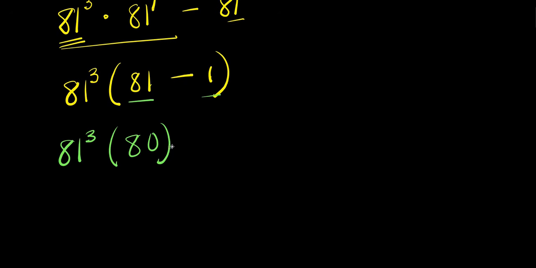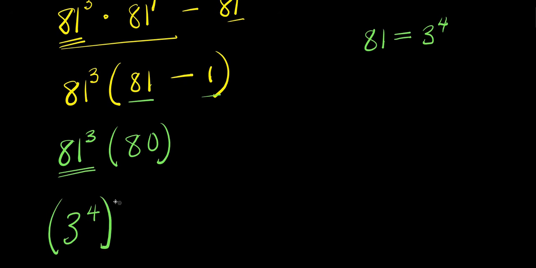That is 80. Now, we need to find the value of 81. We need to express it in terms of 3. So you have 81 equals 3 power 4. So we have 3 to the power of 4, this is raised to the power of 3, times 80.